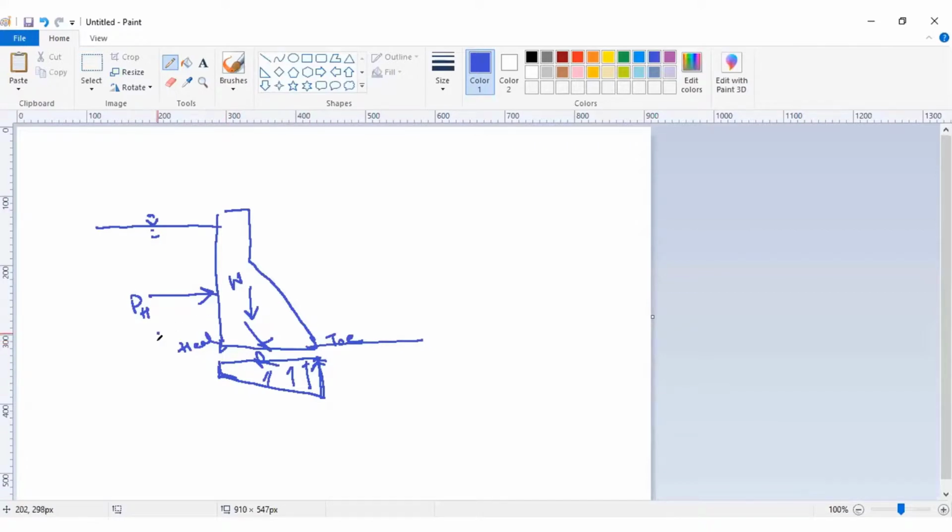And if there is a flow from the upstream to the downstream end like this, and if a situation is reached that I is equal to IC, then effective stress becomes zero. And you know that the shear strength of the soil is defined as tau is equal to c plus sigma dash tan phi dash.